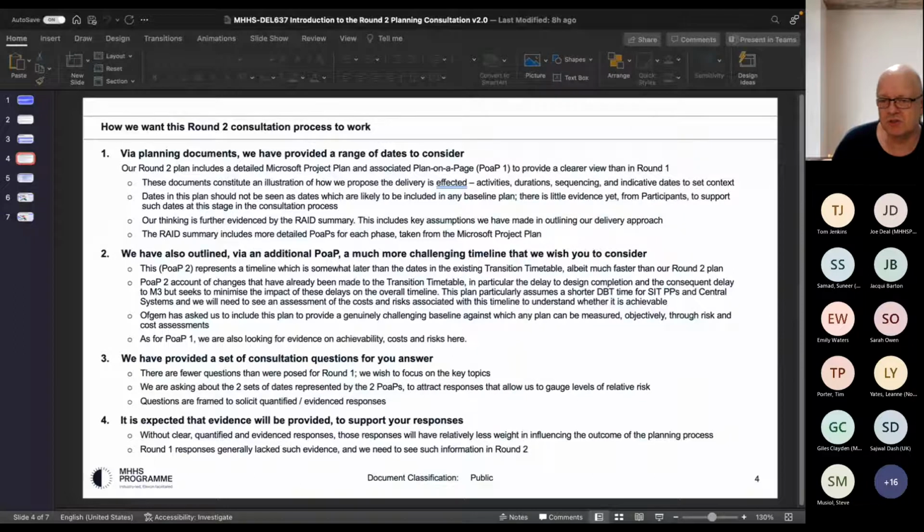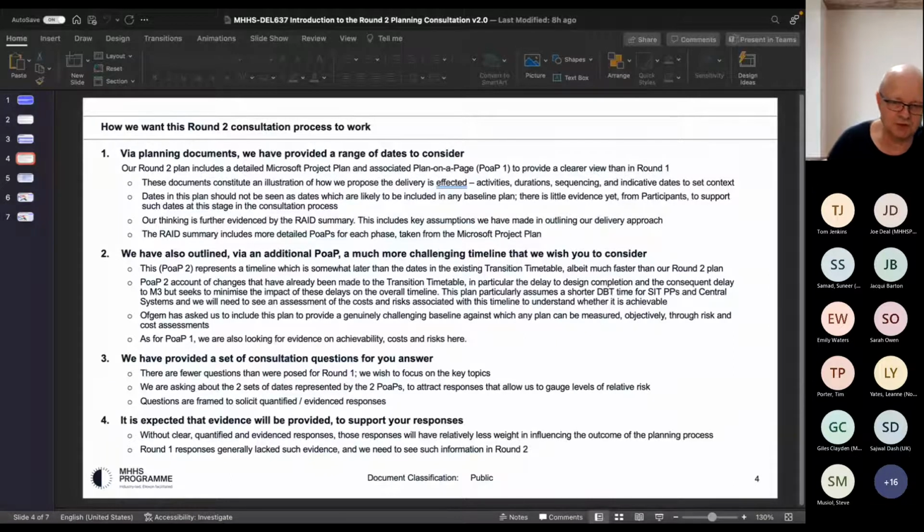Some arguable assumptions in there, but a logic nonetheless behind it, which is intended to provoke thought and put pressure on the process to continue to ask you and also ask ourselves whether we can go more quickly and achieve what Ofgem as the sponsor wants us to do, which is to deliver this thing as soon as is reasonable and practicable. So the challenge timeline is a challenge for us and for you.